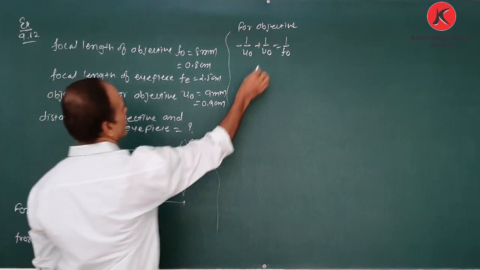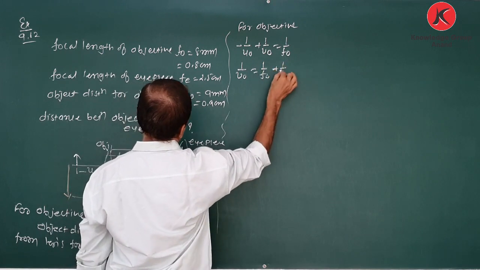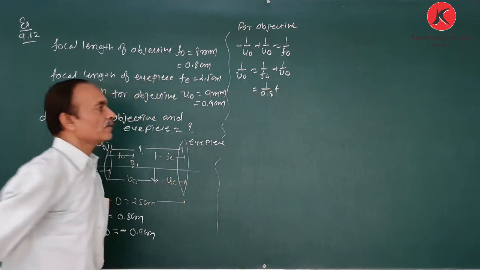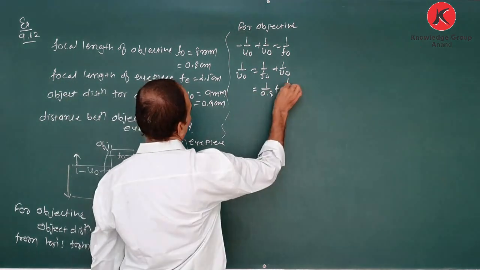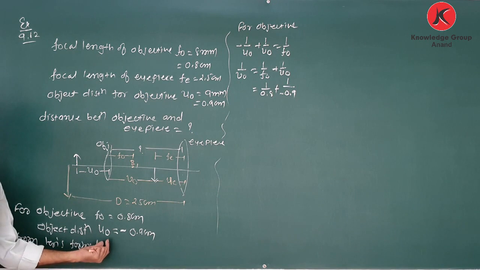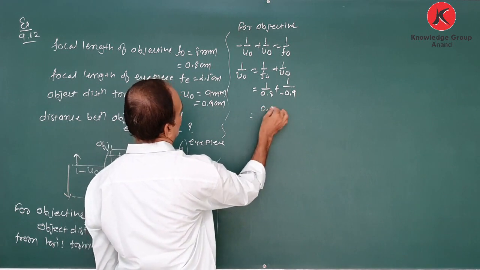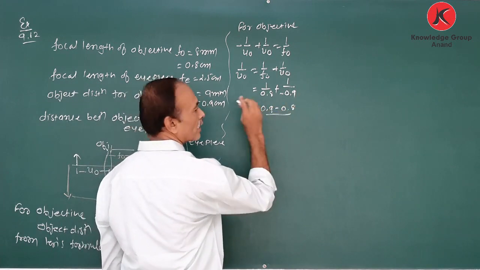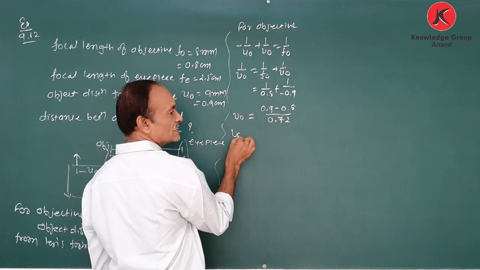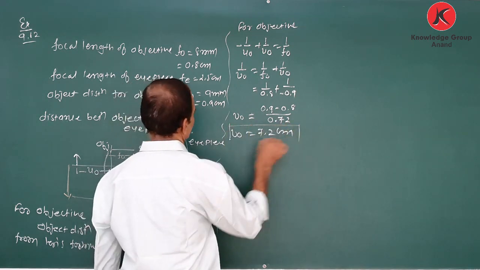We are interested to find out this. 1 upon v0 is equal to 1 upon f0 plus 1 upon u0. 1 upon 0.8 plus 1 upon minus 0.9, because u0 is negative, minus 0.9 centimeter. Therefore, 0.9 minus 0.8 upon 0.72. Simplification: therefore, V0 is equal to 7.2 centimeter.